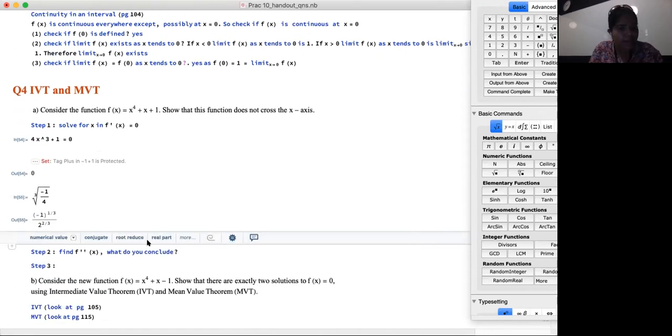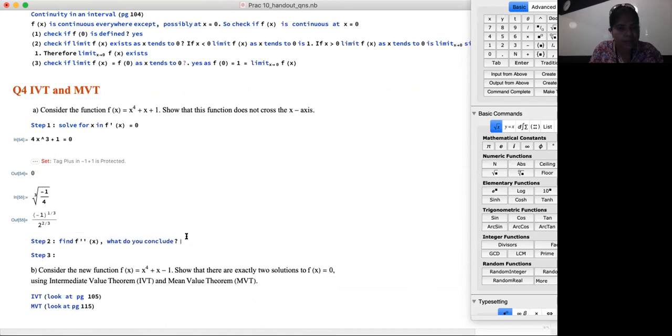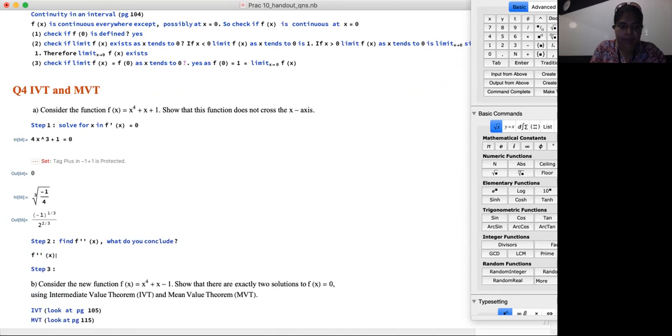Now find the second derivative. What do you conclude? f double dash equals what? Twelve x squared, which is always positive. Okay, what do you conclude about the critical point?